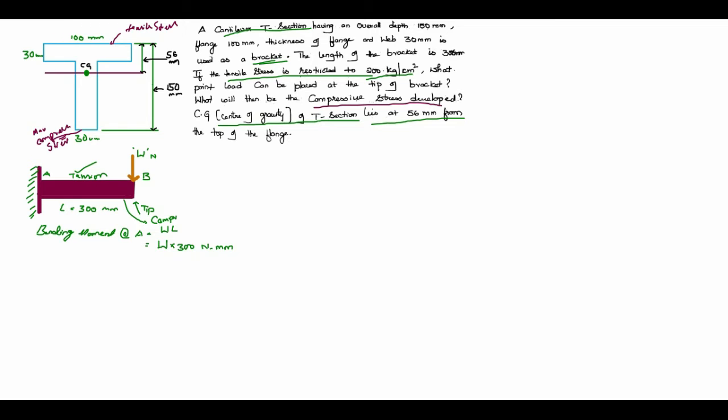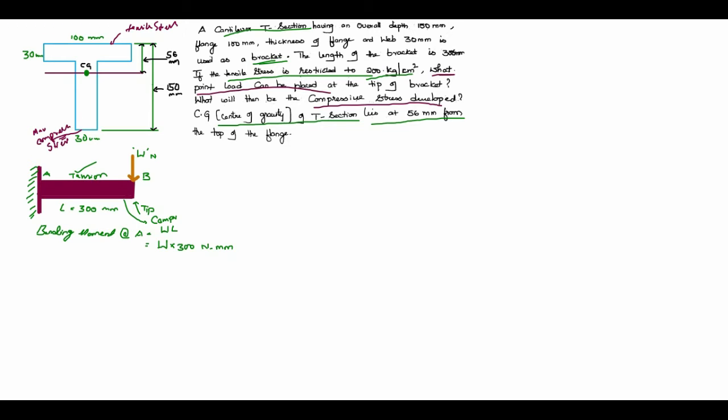So don't worry about the 200 kg per centimeter square. We can convert that into Newton per mm square. That's not a big deal. So he is asking us two things, right? The first one is what point load can be placed at the tip, and also what is the compressive stress developed, where it is going to develop, guys? Bottommost layer. So these are the two things that I wanted to find.